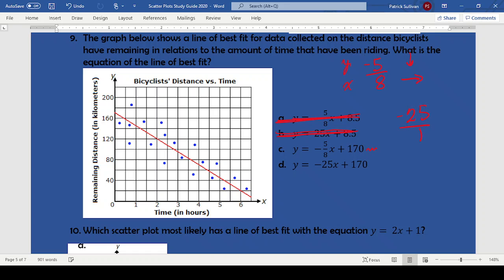does this last one make more logical sense? And so negative 25, written as negative 25 over 1, when I go to the right 1 unit, that means I should be going down 25 units on my y-axis. So if I go to the right one on my x-axis, then I should be decreasing by 25 on the y-axis.